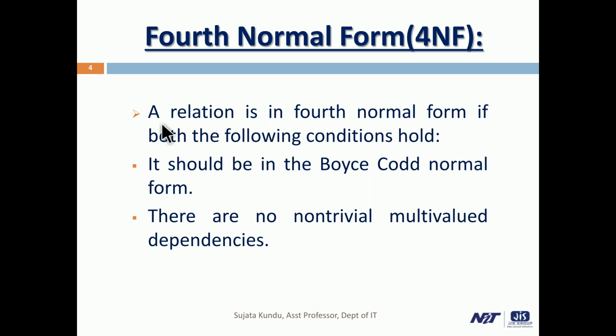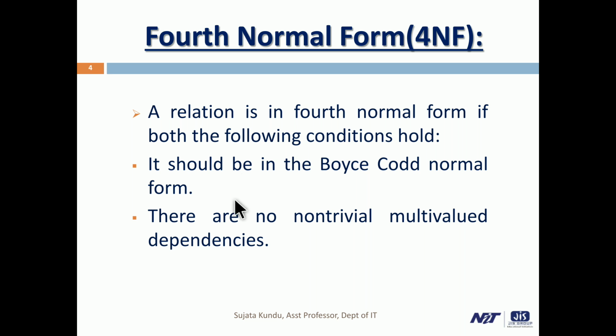A relation is in fourth normal form if both of the following conditions hold. It should be in Boyce-Codd normal form, that means it holds all the previous normal forms' conditions, first NF, second NF, third NF and BCNF, and there are no non-trivial multi-valued dependencies.